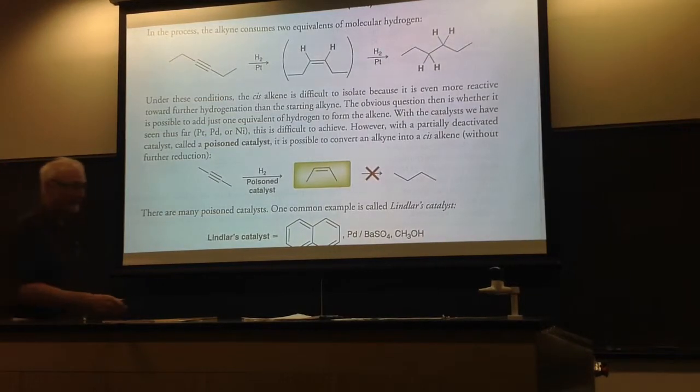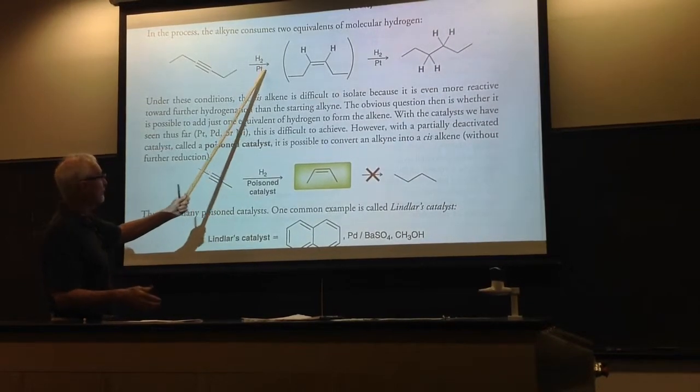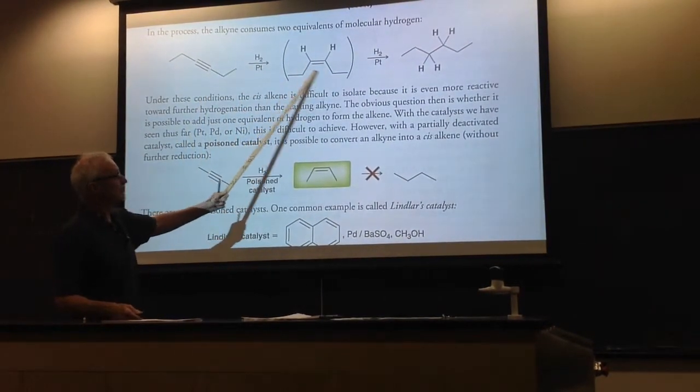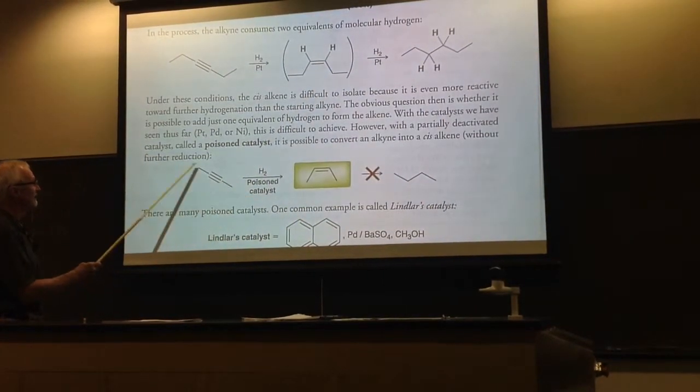Okay, typically, add hydrogen gas and a catalyst, platinum, palladium, nickel. It doesn't stop here, it keeps right on going, okay? I want to stop at this stage, so we're going to poison the catalyst.